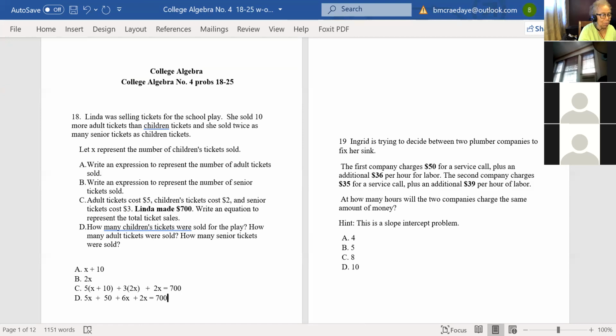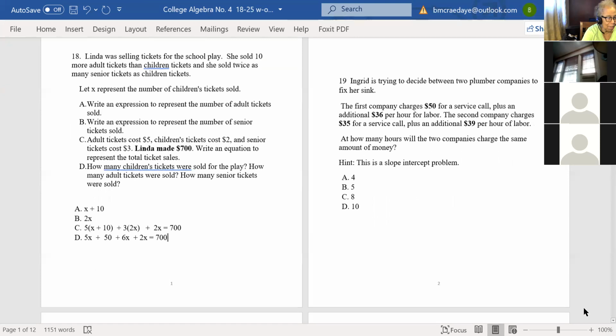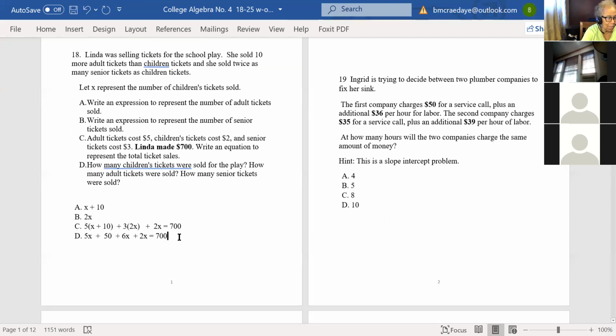Now, Chastity, what do we do next? What's our next step? We have to combine all the terms. What are we going to add? 5x plus 50? No, we can't add that because they're unlike. We can only add like terms.